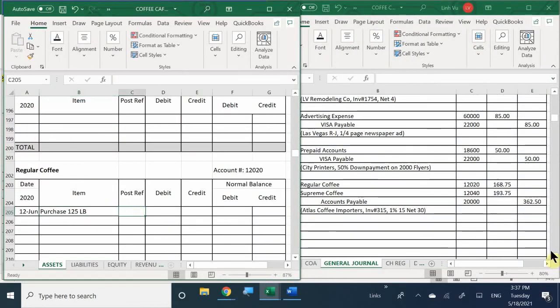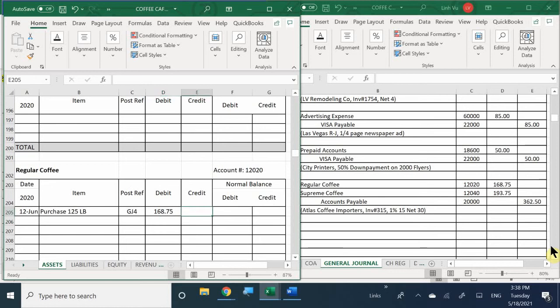Okay. Post reference. We were on General Journal 4, and we've increased my account by $168.75. Another way you could check this is by entering 135 times 125, just to verify that you did get that 168.75.